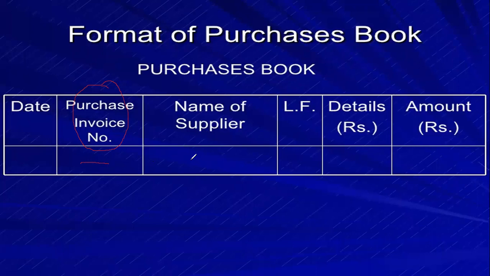Name of the supplier, that means from whom we have purchased. Details are the denominations of the goods and discount thereon. Everything is to be mentioned here, and a final net amount will be written here in the outer column.